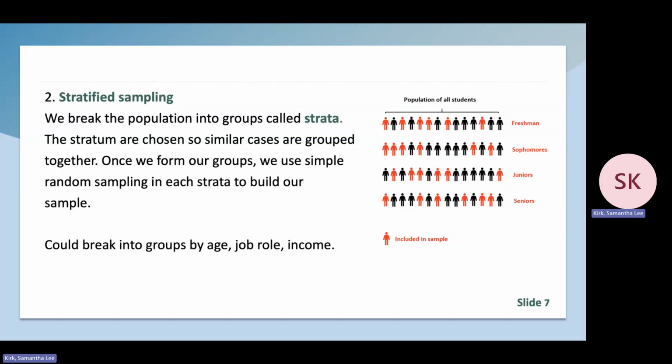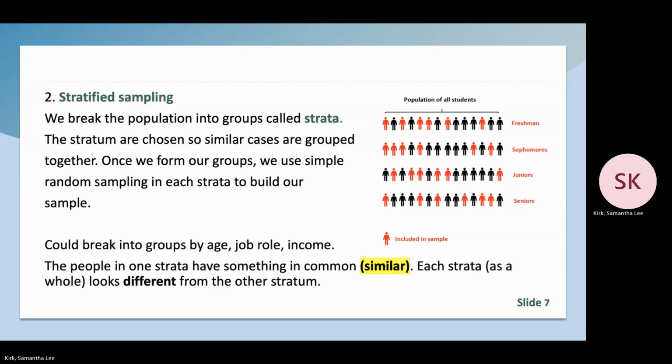Job role, you could break them into two groups, whether they have a job, a part-time job or a full-time job, and whether they don't have a job. You could break them into income levels. There's so many ways to break a population into groups, but you want the groups to have something similar. Now, each group, the people in it have something in common, but when we look from a distance, the groups themselves look different, okay?